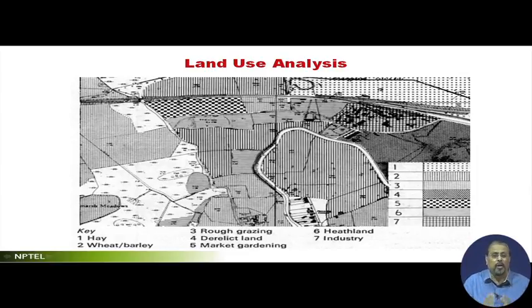This exercise should be done much before you start any other analysis, because if you find that the site brought to you by a client, which you are likely to develop for him, is subject to some kind of sub judice with respect to non-convertibility of that land to the other land use you are thinking of, then all your exercise, time spent, and money spent will be lost. So the point is this: you take care, check with the land use.